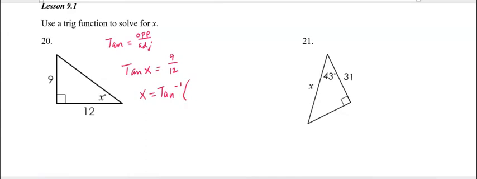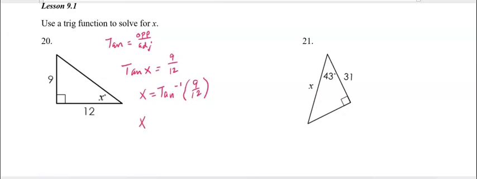And that little second button with the tan and a little -1 exponent in your calculator, that is either second tan or inverse tan. Later on you might see it referred to as arc tan. But whatever, you're going to have to go to your calculator and do the second button, then tangent. And that's going to be true anytime you're looking for an angle.